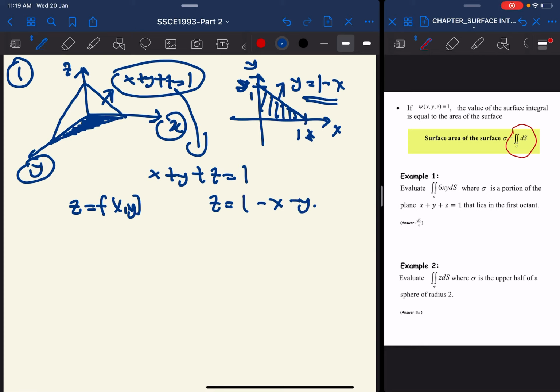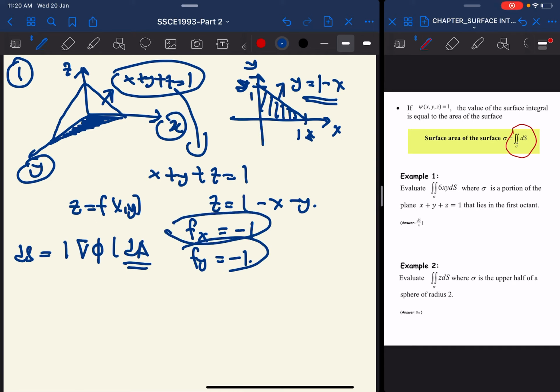So you will have fx equal to -1 and fy equal to -1. Since we need to find ds, which is equal to the magnitude of grad phi times dA, we need to find the magnitude of grad phi.